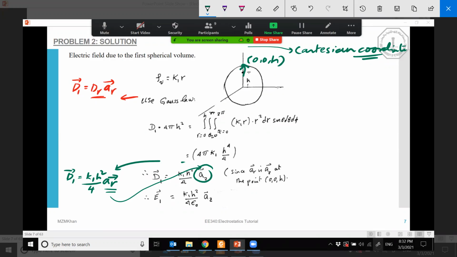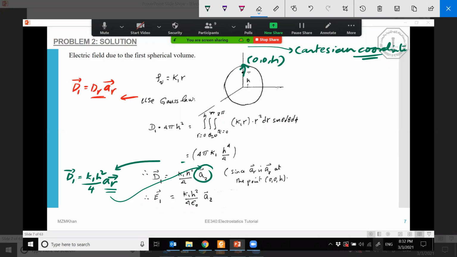That's why your ar is directly written as az. So this doesn't require the unit vector transformation. By the way, even if you use the unit vector transformation, you will get the same answer. But sometimes, guys, always going and using the unit vector transformations is not good. Sometimes you have to think a little bit and you will get the answer in no time.